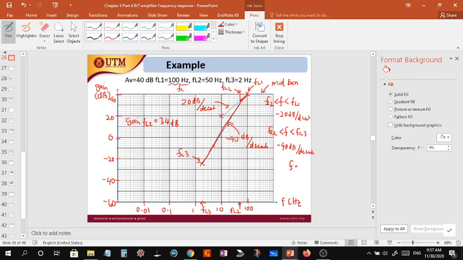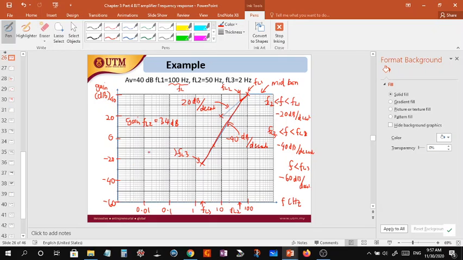Okay, for the frequency below FL3, so this is FL2. Okay, the roll off is minus 60 dB per decade. So at FL3, the gain is, let's say, minus 25.